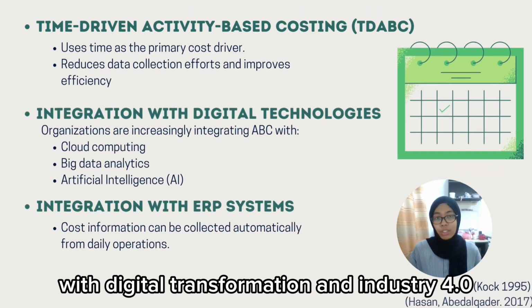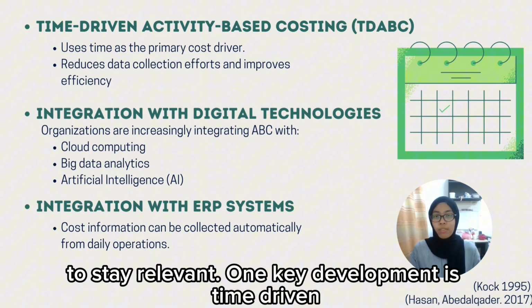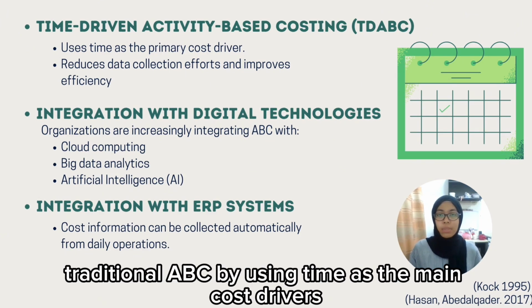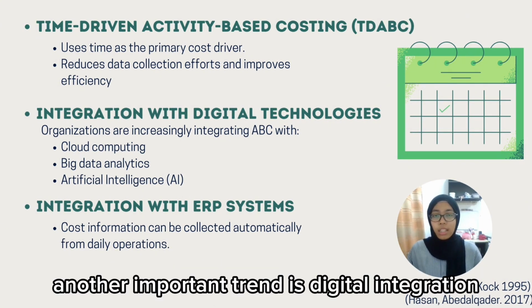With digital transformation and Industry 4.0, activity-based costing is also evolving to stay relevant. One key development is time-driven activity-based costing, or TDABC. It simplifies traditional ABC by using time as the main cost driver, making it more practical for modern organizations. Another important trend is digital integration.